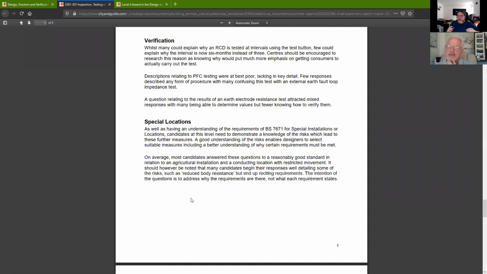But if you actually understand, you may not even need the regs book for that. If you have a good understanding of why that special location exists, you can still use the regs. If, for example, I was to describe my IP rating selection in a location that had jet cleaning, and I might not remember it's IPX5, I can go to the regs for that. I need to actually describe the scenario.